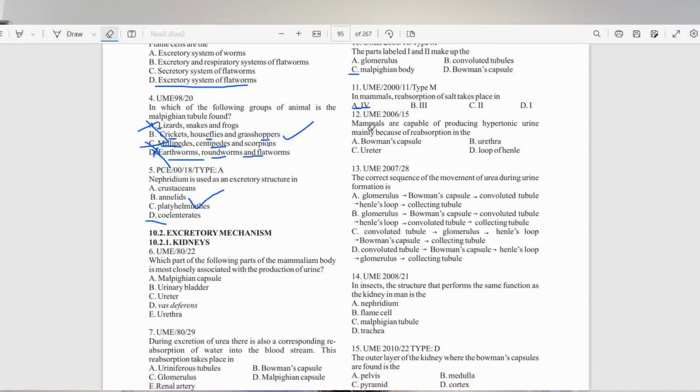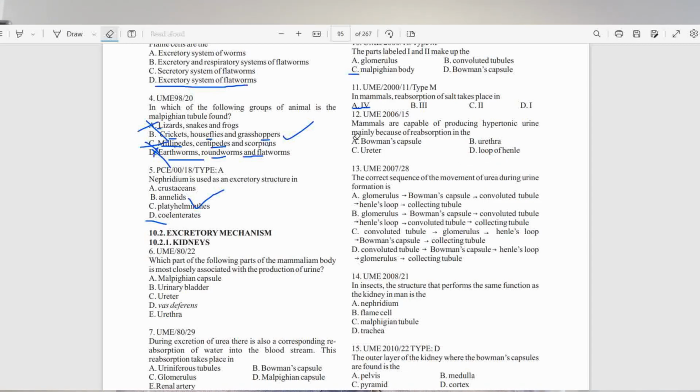Question number 12 says mammals are capable of producing hypertonic urine mainly because of reabsorption in the loop of Henle. That will be the right answer to this question. The segments of the loop of Henle are responsible for countercurrent multiplication, which is essential for the concentration and dilution of urine. 25% of sodium ion is reabsorbed there, and 3% is reabsorbed in the collecting duct.